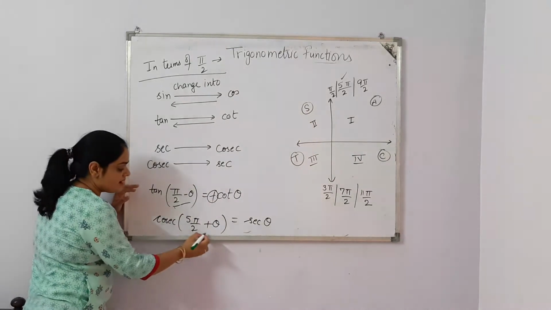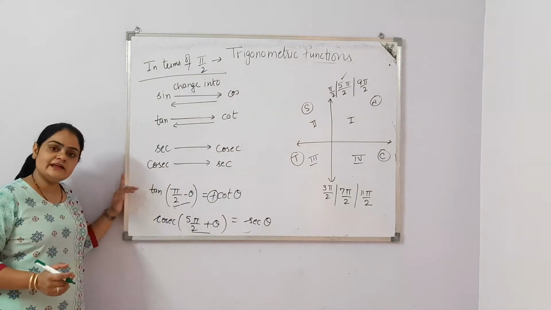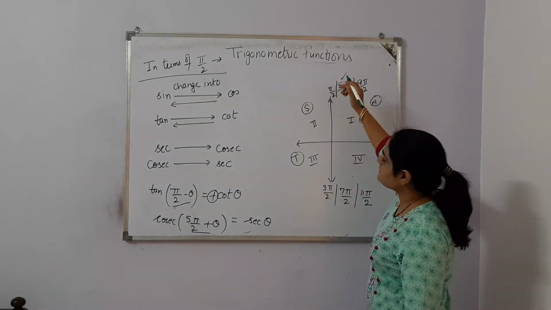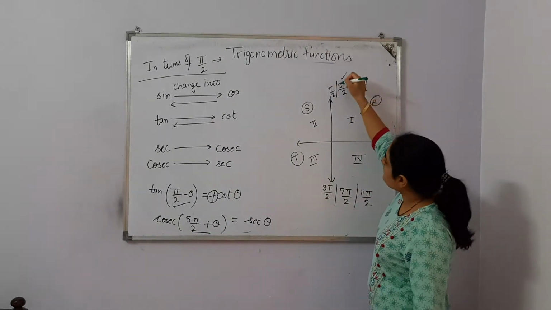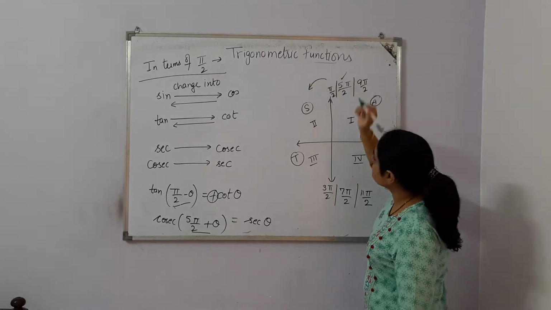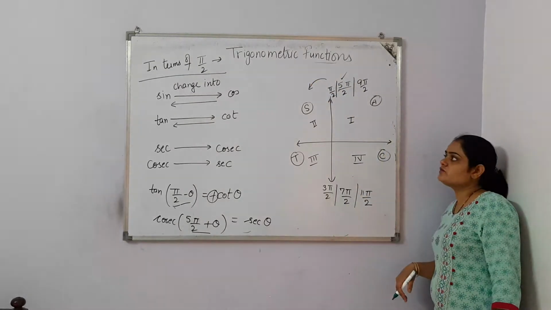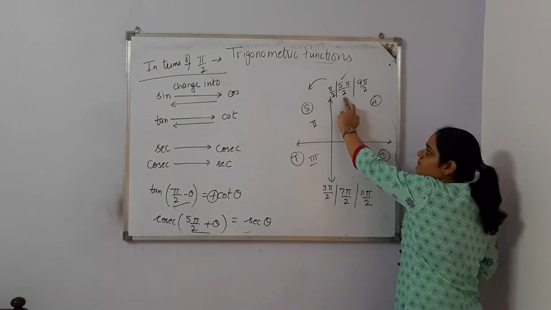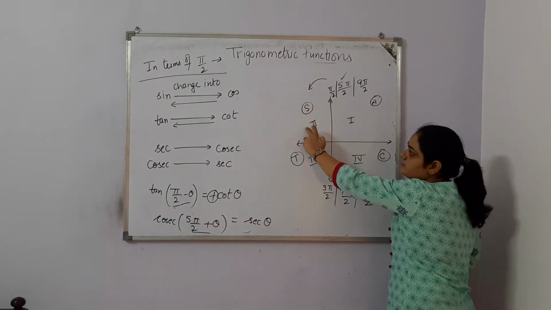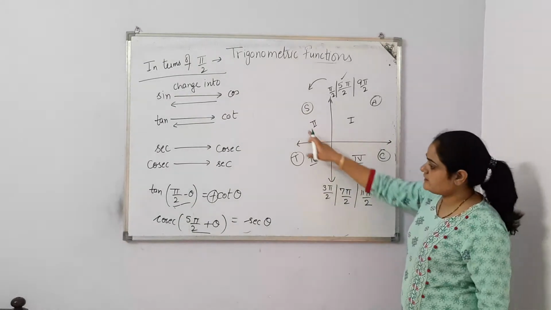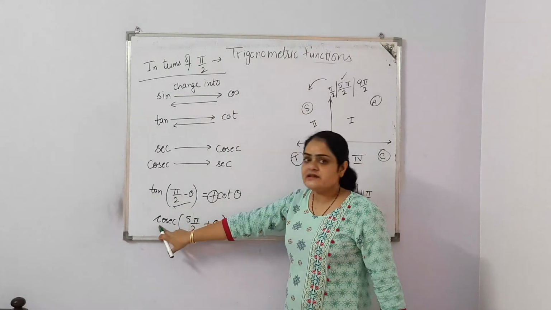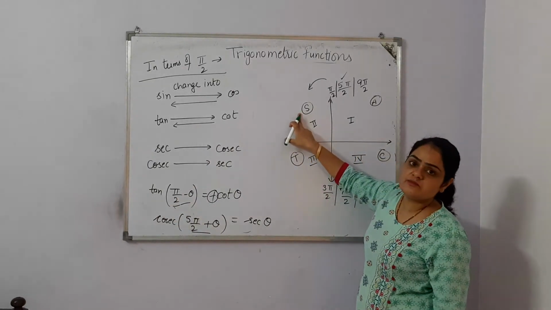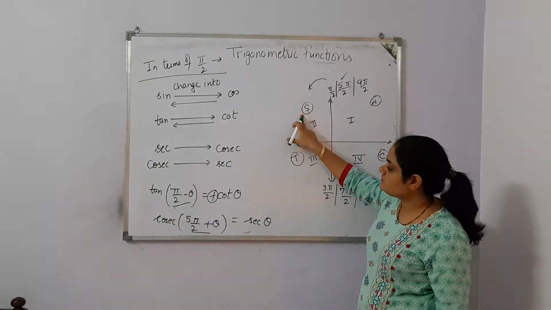Now 5 pi by 2 plus means anti-clockwise direction. So here it is 5 pi by 2. On this line 5 pi by 2 occurs. Plus means anti-clockwise direction. This is your anti-clockwise direction. So if we are here at 5 pi by 2 and we are adding something, we are in the second quadrant. In the second quadrant, cosecant's value is positive, because S means sine and its reciprocal cosecant, both are positive in the second quadrant.